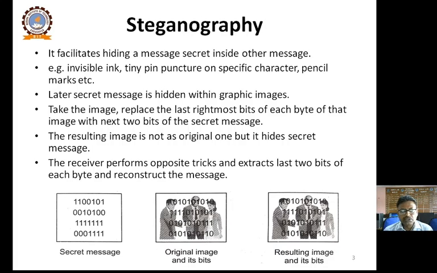Now, the secret message is being hidden within a graphic message, and how is it being done? We take the image and replace the rightmost bits of each byte of that image by the bits of the secret message. So for every image, the last two bits of each byte are replaced by the secret message. The resulting image which is received by the receiver is not as original as it should be, but it hides the secret message.